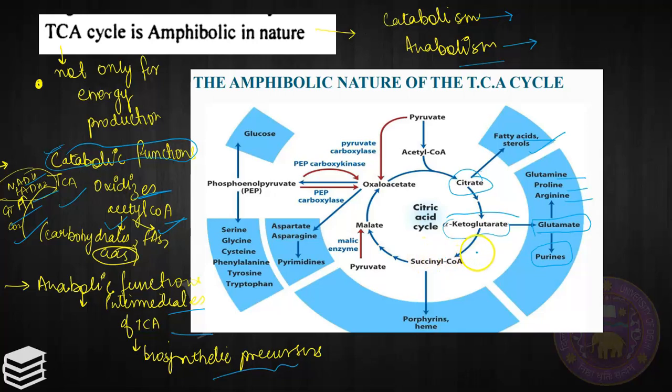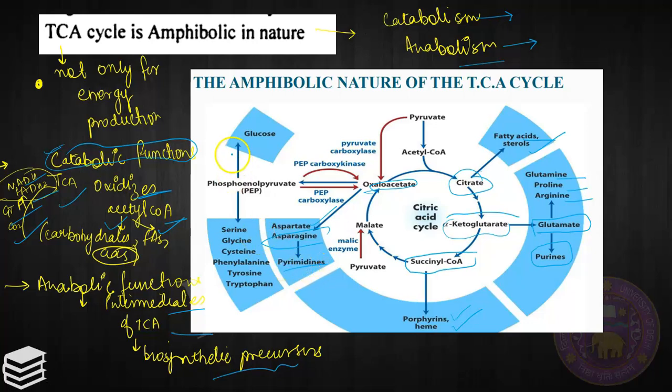Now succinyl CoA, one of the intermediates of TCA cycle, also acts as a biosynthetic precursor for porphyrins and heme group. Now oxaloacetate also acts as a biosynthetic precursor for aspartate, which gets converted into asparagine. Now asparagine is also involved in the production of pyrimidines, that is thymine and cytosine.